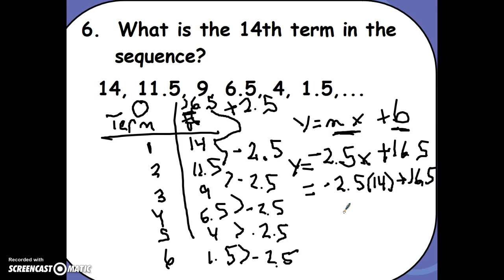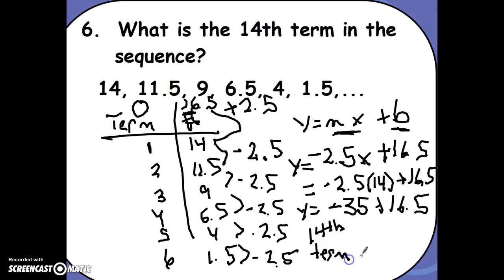That number is negative 35, plus 16.5, which gives us the 14th term of negative 18.5.